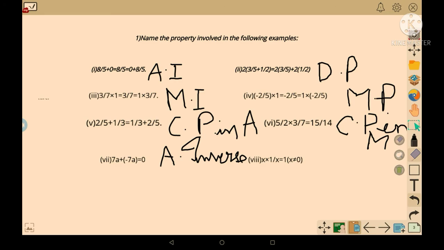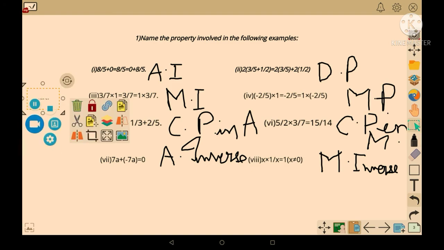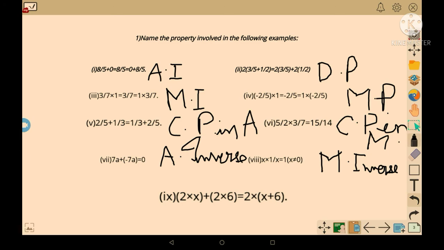Yeah. So now the 8th one is multiplicative inverse, because there is multiplication, right? So inverse. Okay, so multiplicative inverse. And the last one is the 9th one.